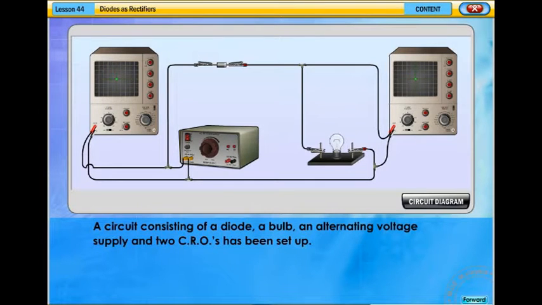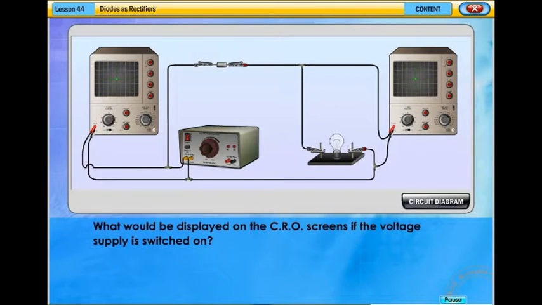A circuit consisting of a diode, a bulb, an alternating voltage supply, and two CROs has been set up. What would be displayed on the CRO screens if the voltage supply is switched on?